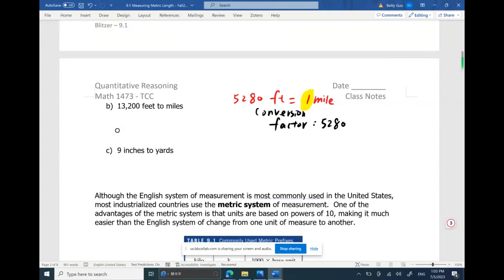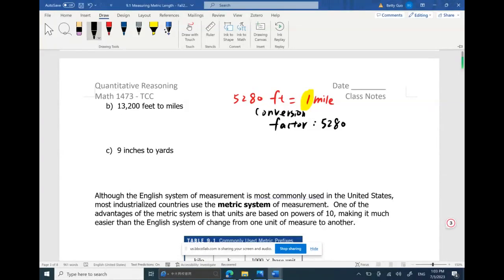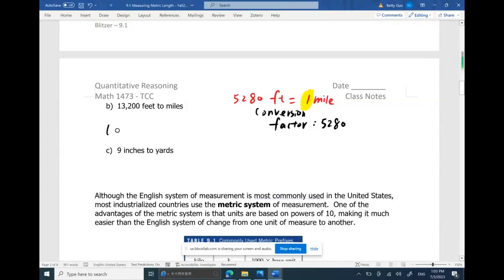So you want the number in front of a mile to be smaller. In order to get a smaller number in front of mile, are you going to multiply 13,200 by 5,280 or divide by it? And we are going to divide, okay?